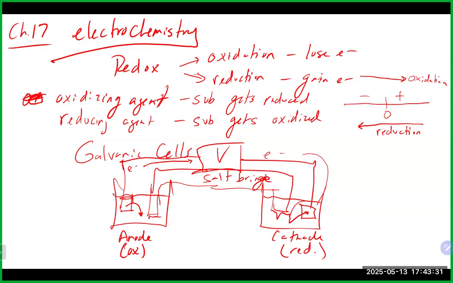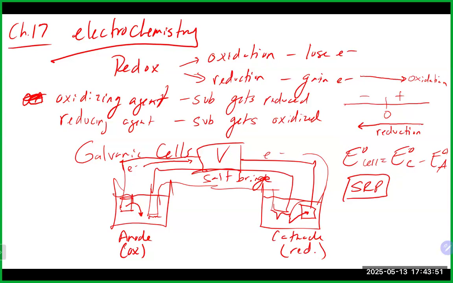We could calculate the E of the cell, and there are a couple of equations we talked about. You could take the E of the cathode minus the E of the anode. Remember that we use the SRP values, or that table, and that stands for standard reduction potential.